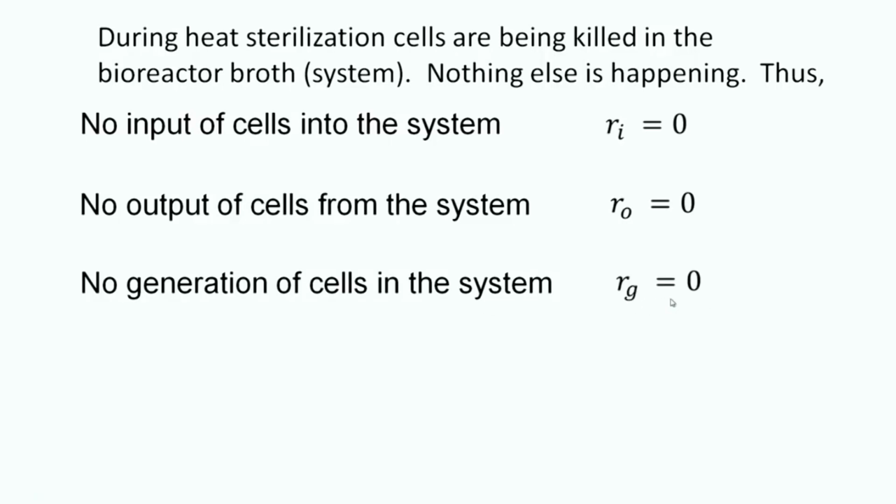Therefore, the rate of generation of cells is 0, and therefore, the only term that remains from R I minus R O plus R G minus R C is this minus R C, and minus R C, the rate of consumption of cells R C, is equal to d/dt, the rate at which mass of cells gets accumulated in the system. This is what we get by considering it from first principles.